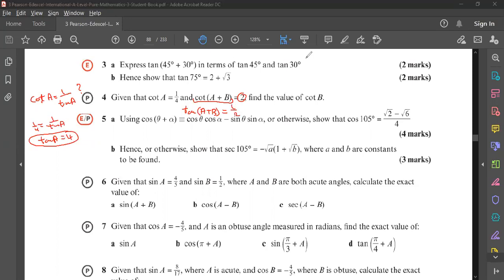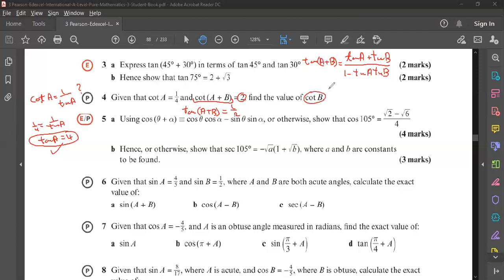And we know the rule of tan (A plus B) is equal to tan A plus tan B over 1 minus tan A tan B. We already have tan A, I need to find tan B, then from this we can find cot B.